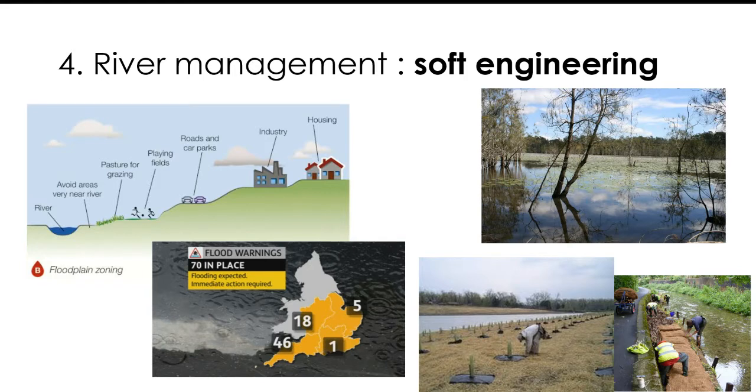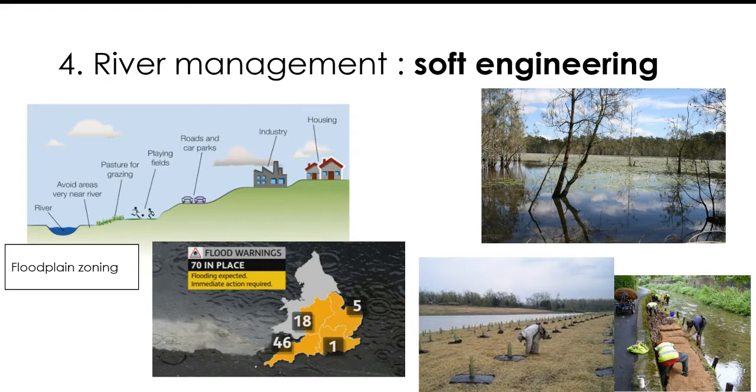In terms of your management for rivers in your mock, this time it's soft engineering, so making sure that you know how rivers can be managed without the big man-made structures such as embankments and things like that. The 4 ways in which we've looked at this in school were floodplain zoning, where you put your less important stuff, maybe less important economically or socially, at the bottom.